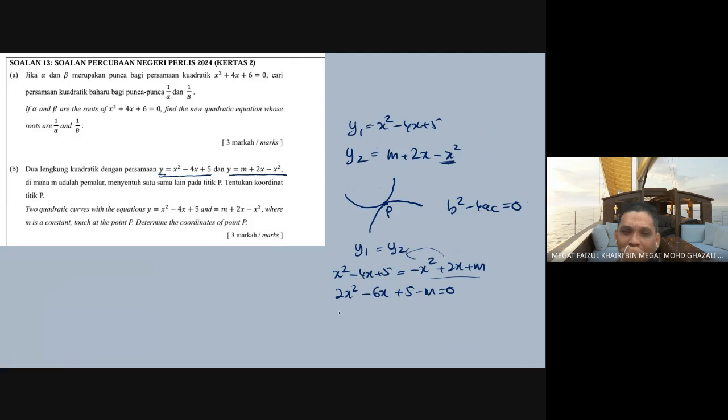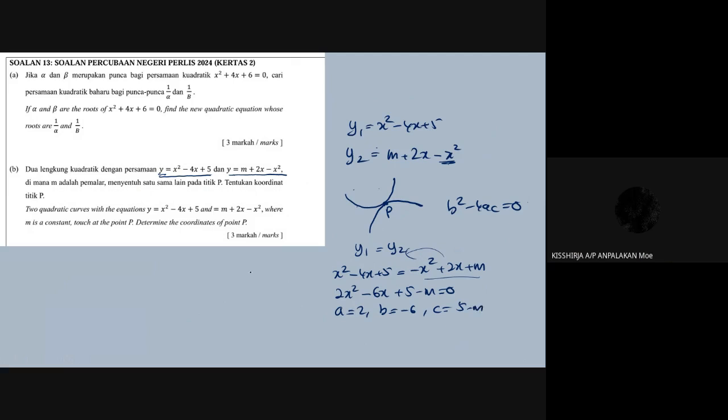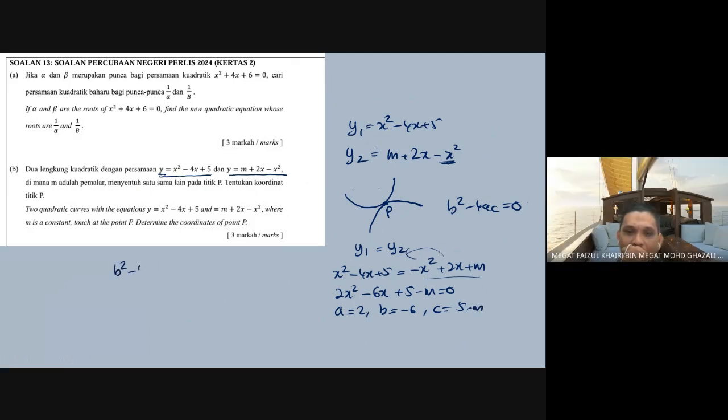So a equal to 2, b equal to negative 6, and c equal to 5 minus m. Then b squared minus 4ac equal to 0: negative 6 squared minus 4 times 2 times (5 minus m) equal to 0.